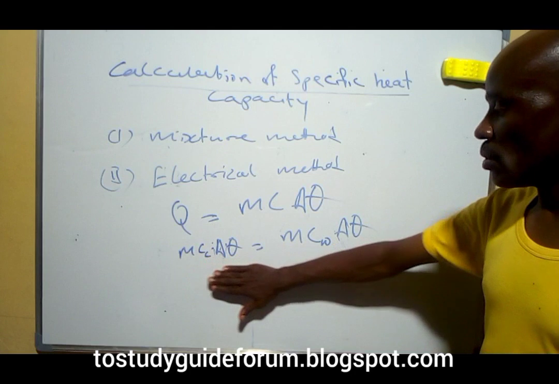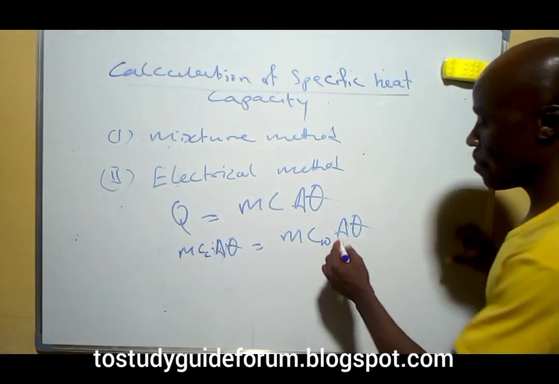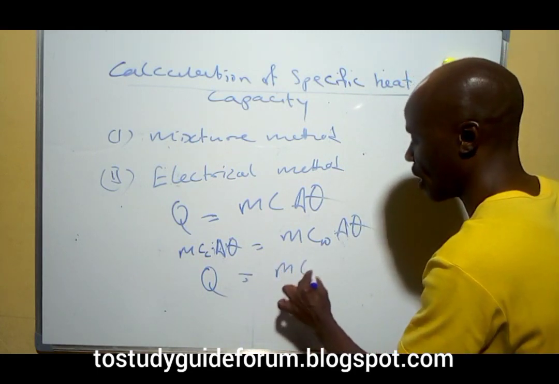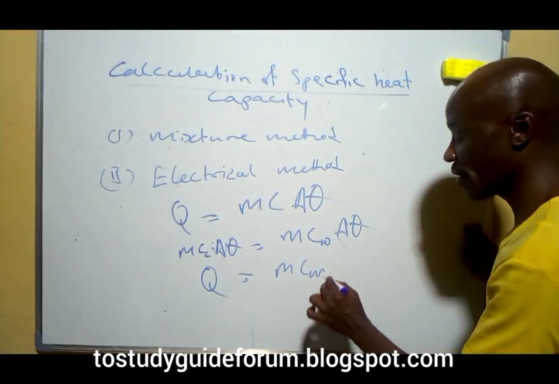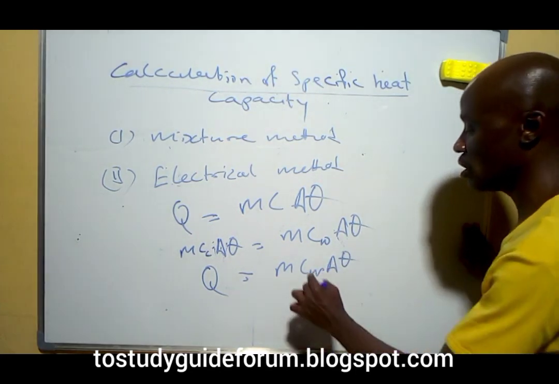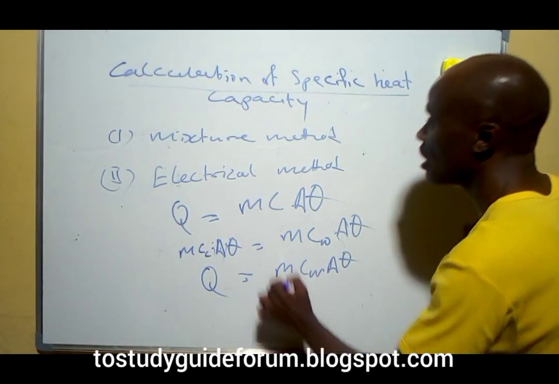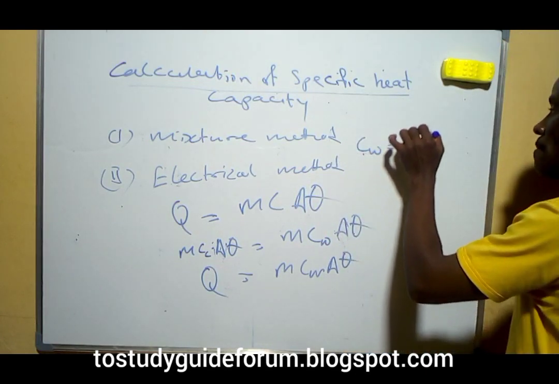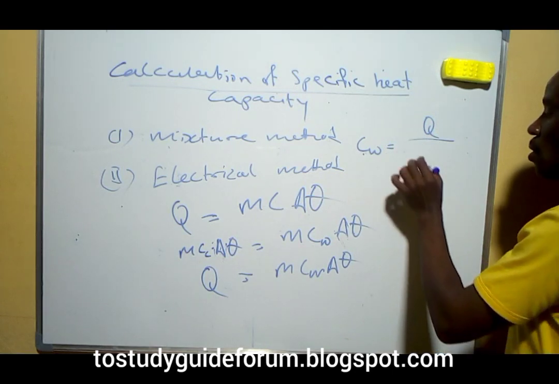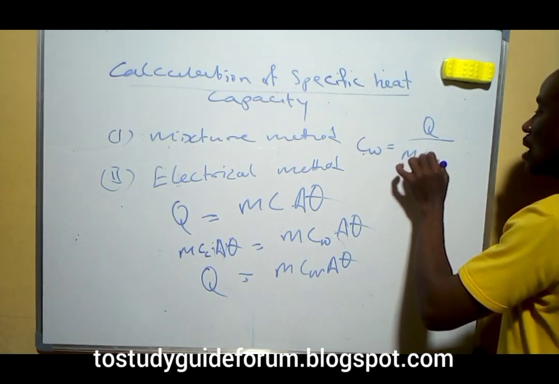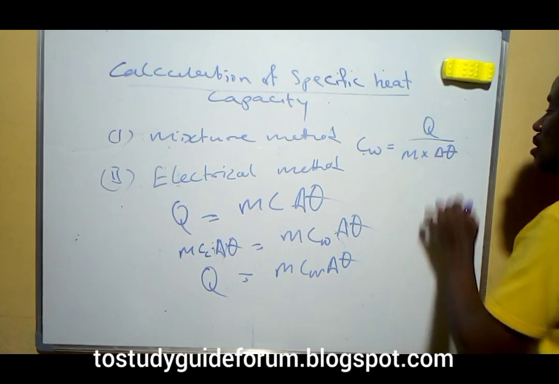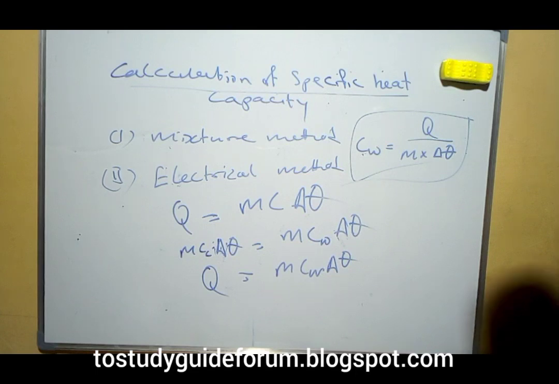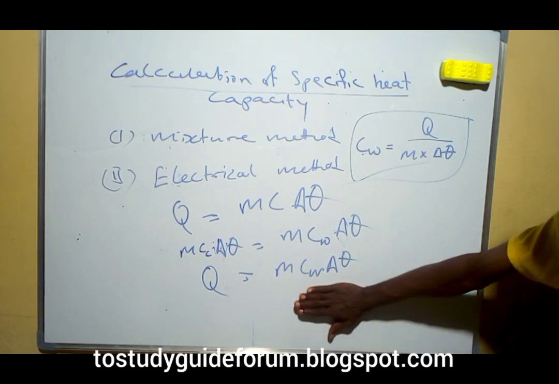So by using this formula, this one stands for the quantity of heat, and then the other one has the mass of the water, specific heat capacity of the water and temperature change. Making specific heat the subject of the formula, we will have something that looks like this: quantity of heat over mass times change in temperature. With this, we'll be able to get the specific heat capacity of the water.